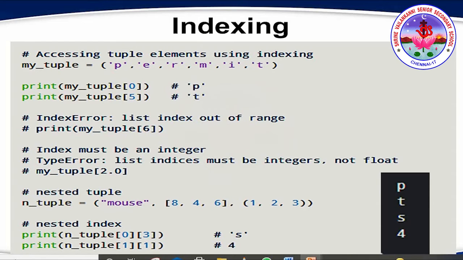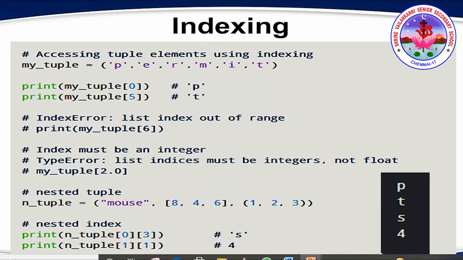Next is indexing. Accessing tuple elements using indexing, we are going to consider my_tuple is equal to PERMIT. Here each character is taken as an individual element inside the tuple. So we separate each character by comma and enclose it within single quotes. My_tuple is equal to P, E, R, M, I, T. Print my_tuple of 0.